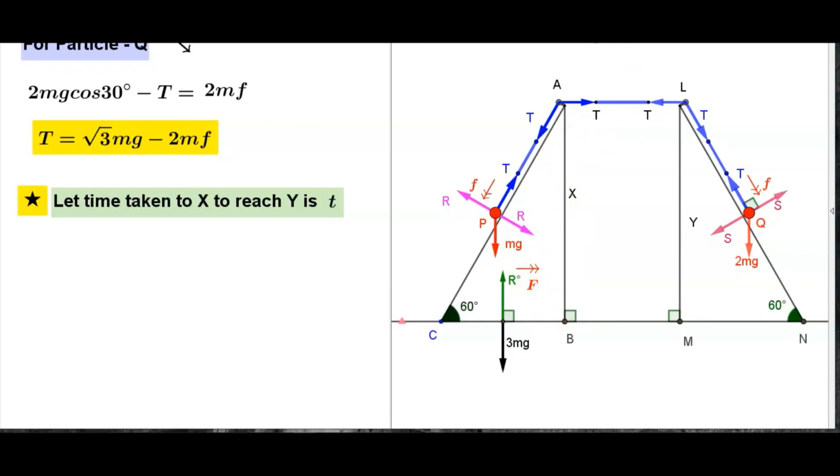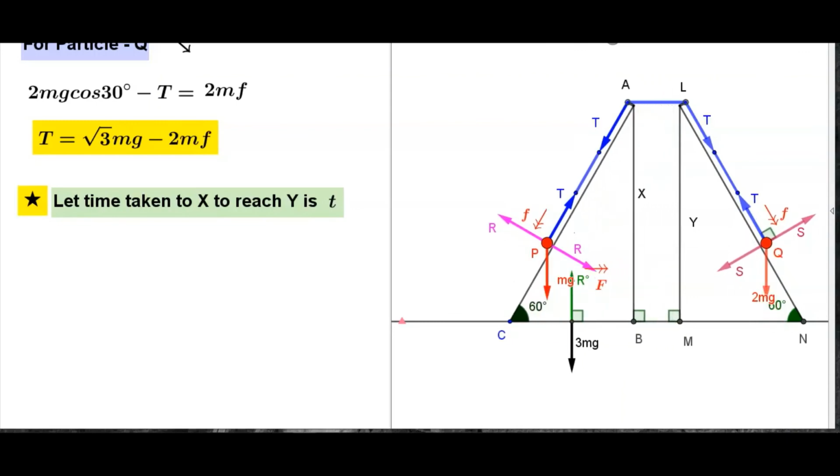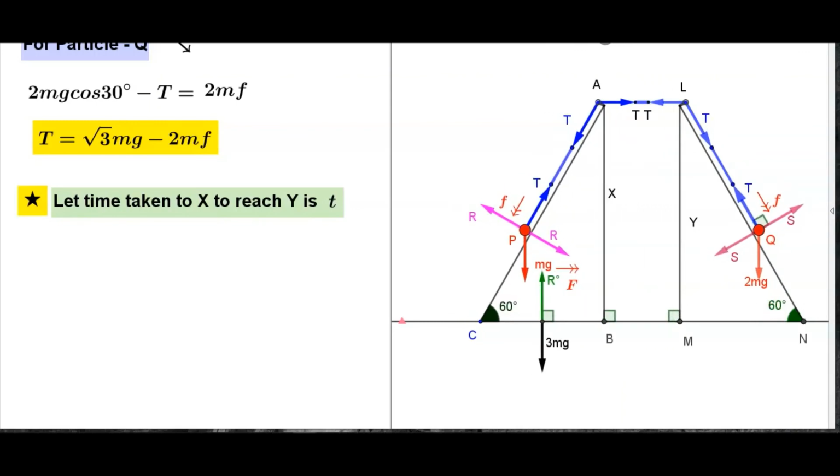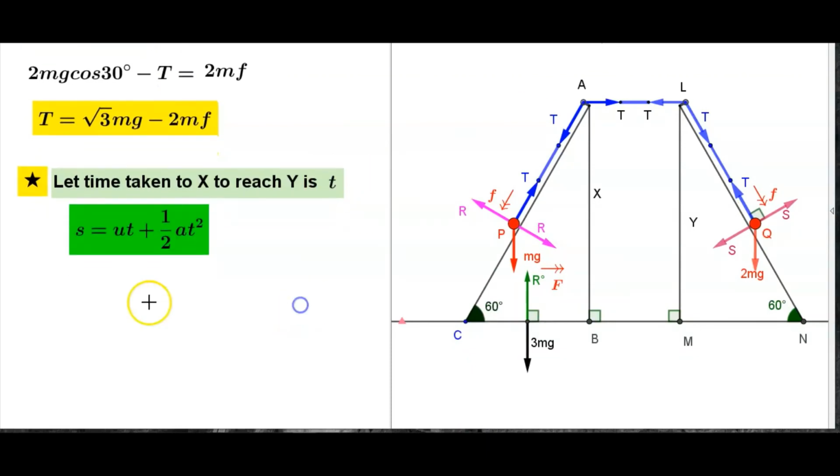This wedge is moving and reaches Y. Using s equals ut plus half at squared for the wedge in the horizontal direction, the distance at the initial position between the two wedges is a.